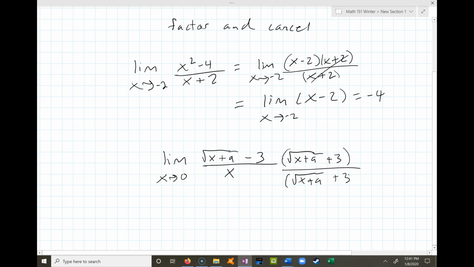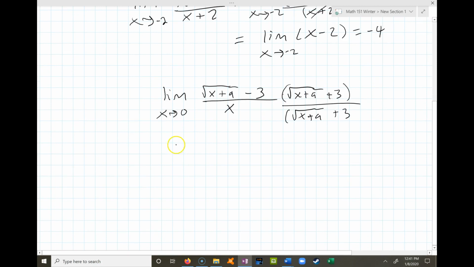Now notice that this expression here is the same as that, except it's a plus instead of a minus. So if that would have been a plus 3 here, we would have put a minus 3 over here. Otherwise, the two terms are the same. And the reason why we do this, you'll see in a minute.